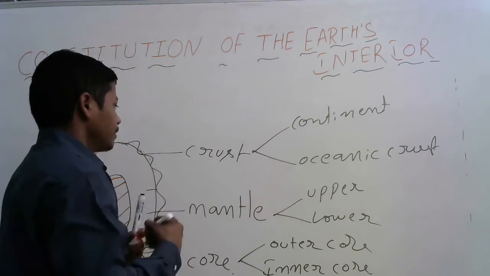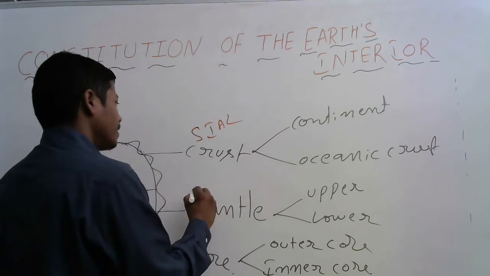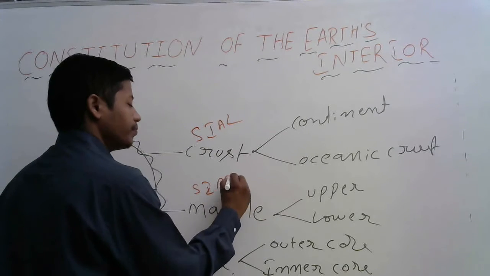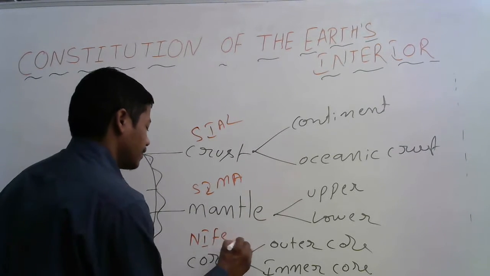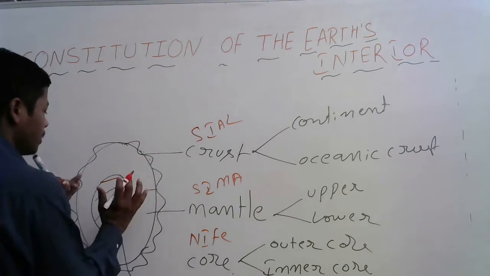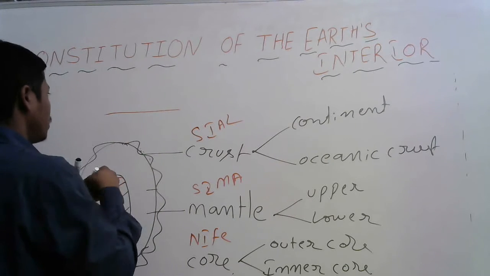Crust contains silica and aluminum, mantle contains silica and magnesium, and the core contains nickel and ferrous. So this is the overall view, the cross section of the Earth structure.